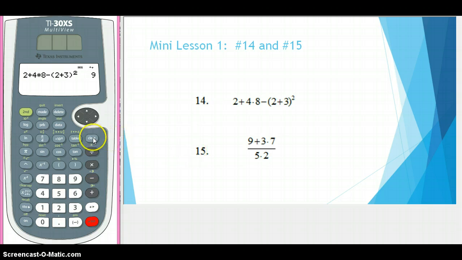Let's look at the next one. I'm going to hit clear to start over. Now notice this is in fraction form, and thus far we've only discussed fractions as division, okay? But we're going to use the fraction form on the calculator to make sure we put everything in correctly. And this is a good idea in general if you're given this form, because if you were to do this problem by hand, you do everything in the numerator, then the denominator.